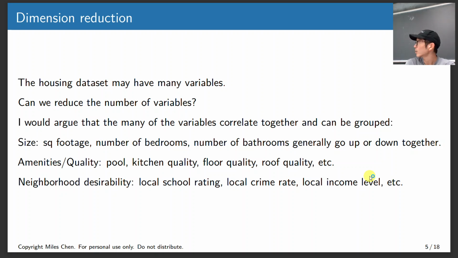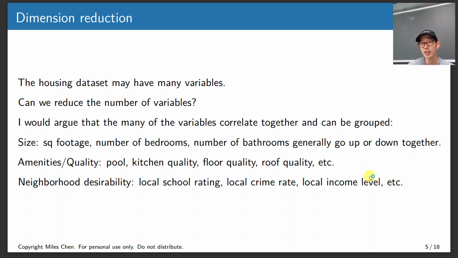And I would argue that you can boil these down, group them all together, and you might just come up with 3 important pieces of information. One would be the size, as measured by the square footage, number of bedrooms, number of bathrooms, or something. Usually those all go together.